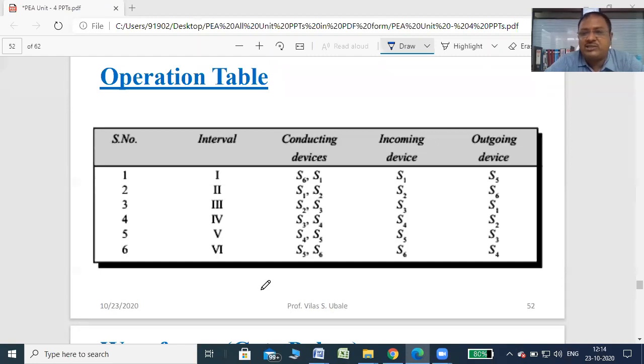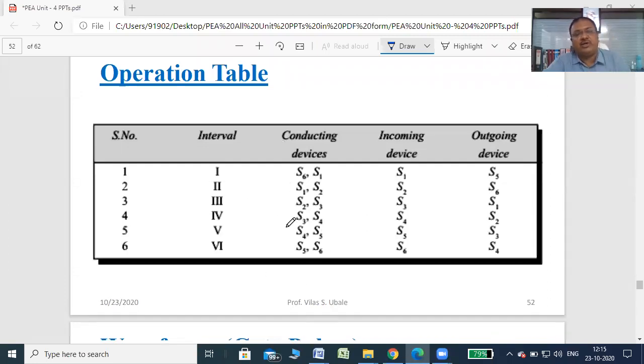You can check why S6 is outgoing, because S6 is on during interval 1, but it is absent in interval 2. So it is called an outgoing device. And you can check S2 is not present in interval 1, but it is present in interval 2. So it is called an incoming device. Then interval 3, S2, S3, then interval 4, S3, S4 are on, interval 5, S4, S5 are on, interval 6, S5, S6 are on. Okay, so the table is different from 180 conduction mode.